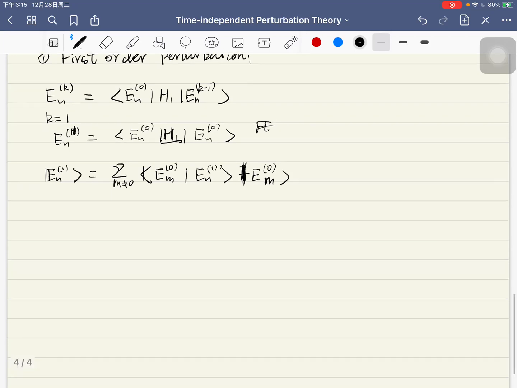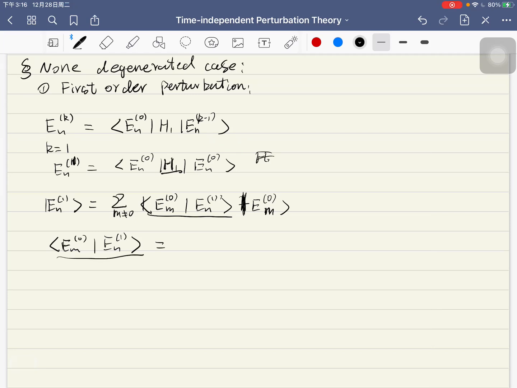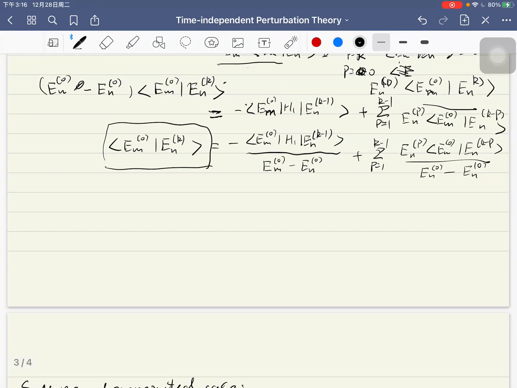So we need to calculate this part, the inner product E_m0 with E_n1, the way you use this formula.